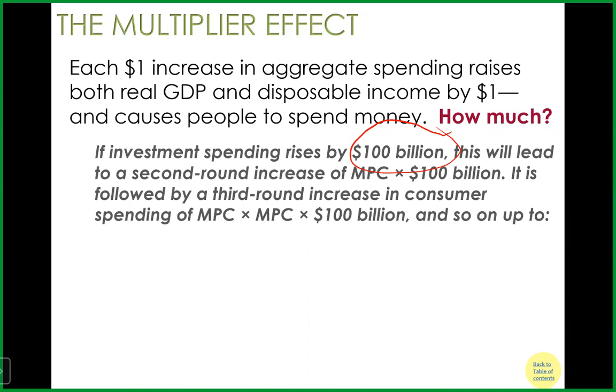All right. So now we are going to see how this increase in investment spending translates into a total increase in GDP or in expenditure. Things go as follows. The government spends 100 billion to renovate the highway system or bridges across the United States.